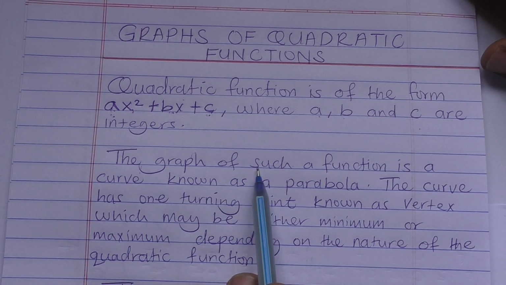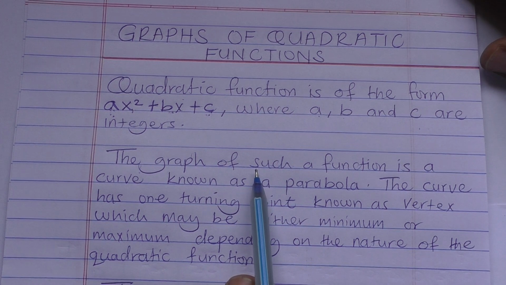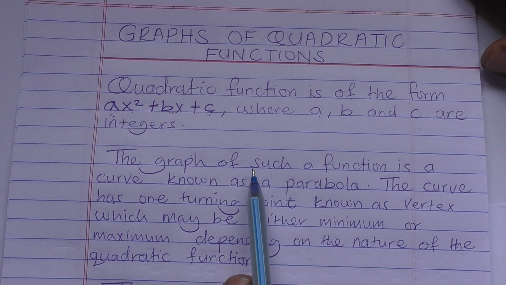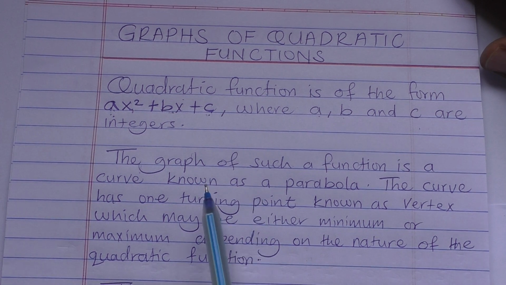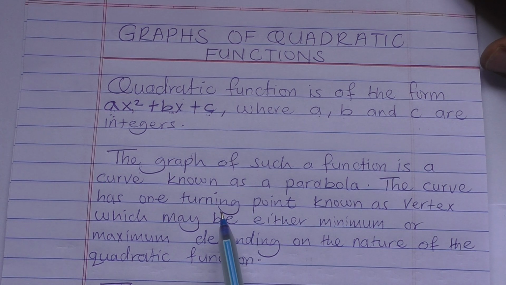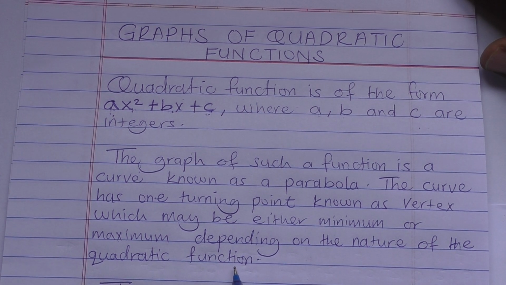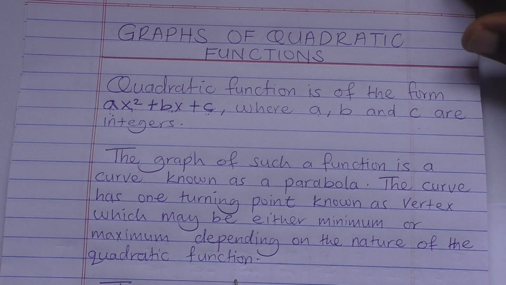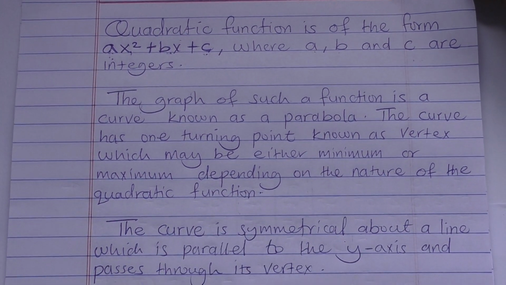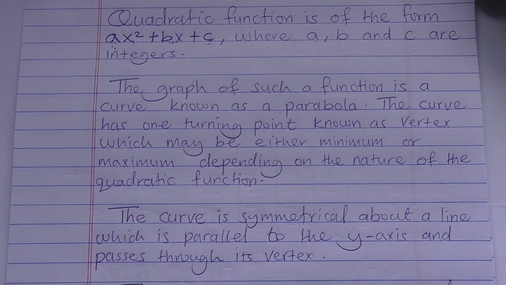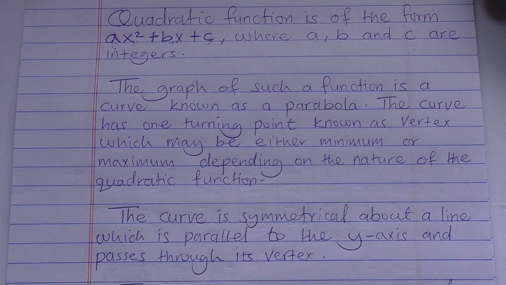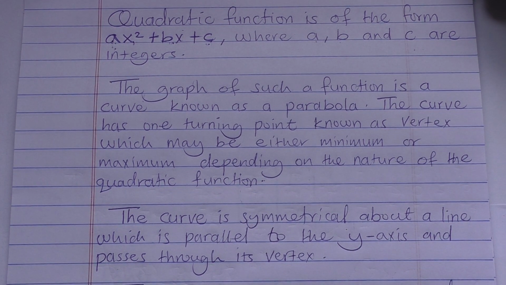The graph of such a function is a curve known as a parabola, and that curve has one turning point, which we normally call the vertex, which might be a minimum or maximum depending on the nature of the function. Still, the curve is symmetrical about a line which passes through the vertex and is parallel to the y-axis.